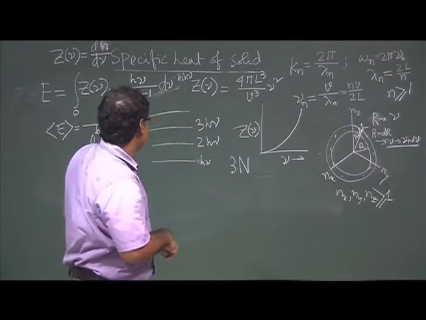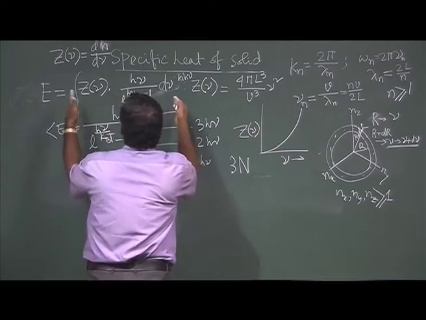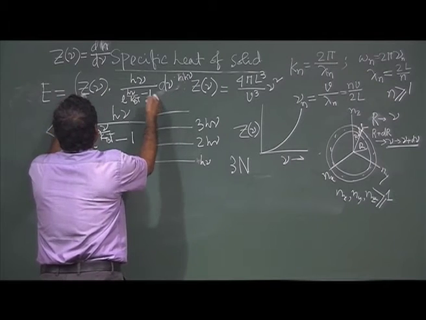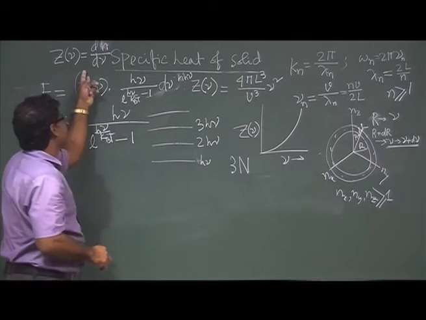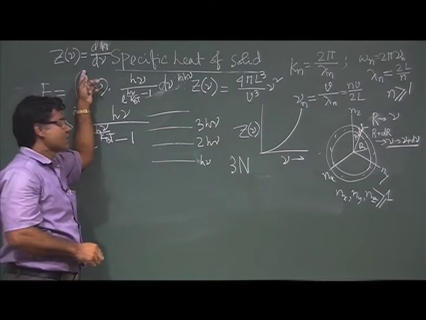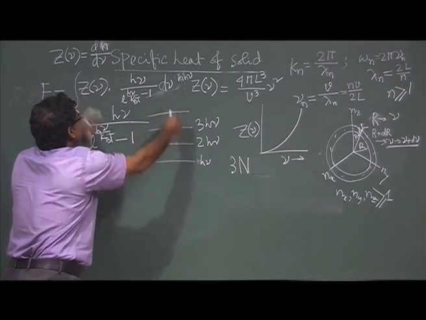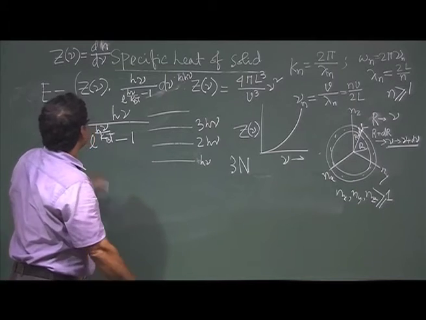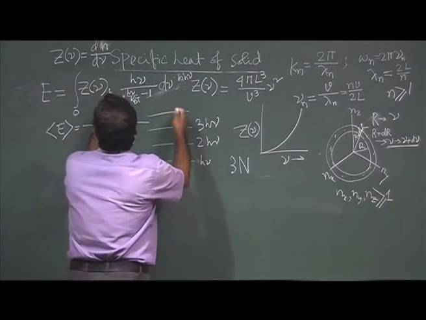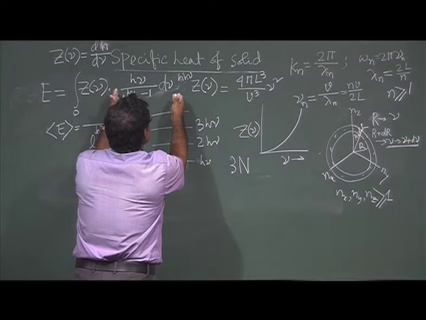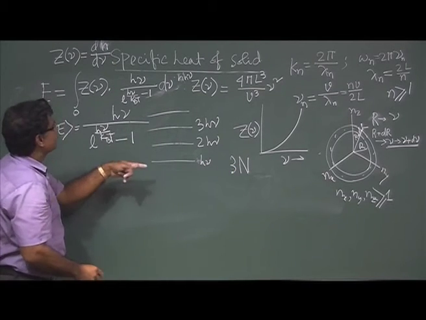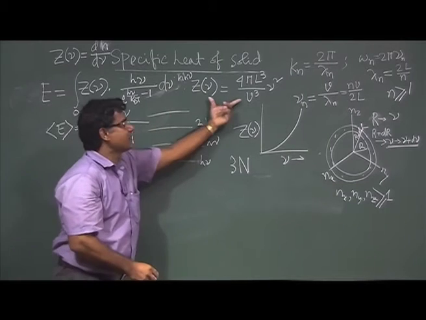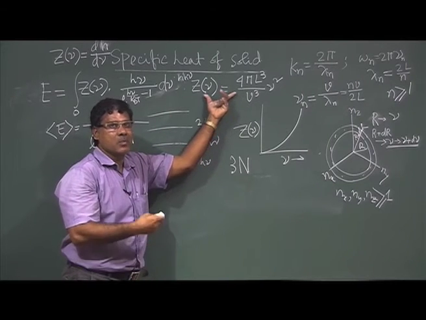Okay. So, I have to integrate this. For the upper limit I have to take a particular frequency so that the total modes should not exceed 3n. That I have to find out. Basically this is the density of states, density of modes.